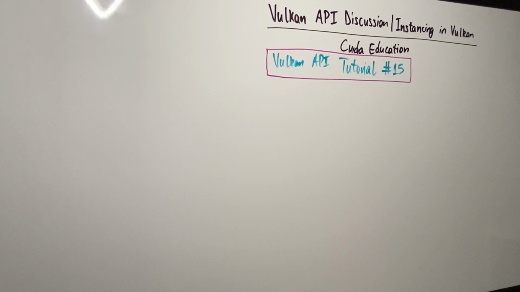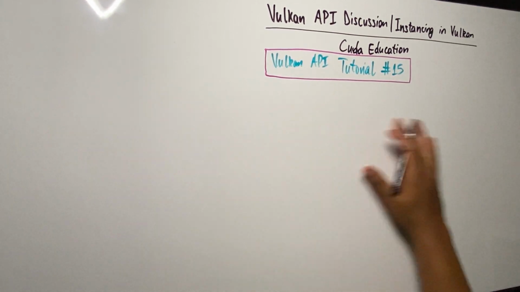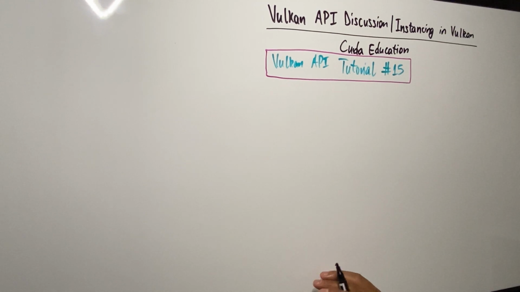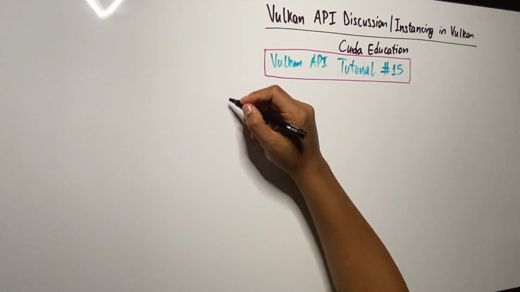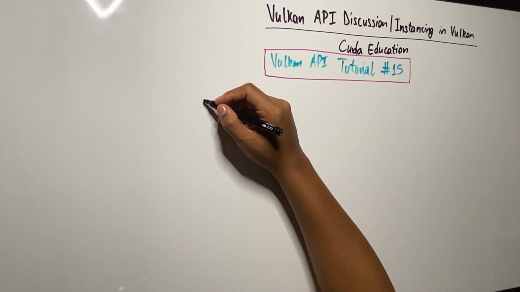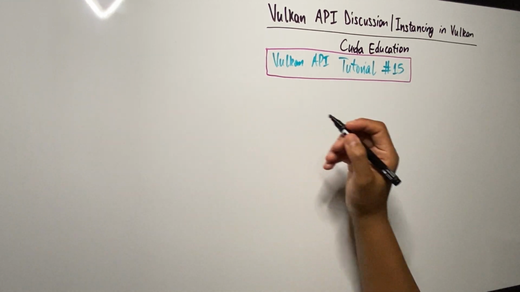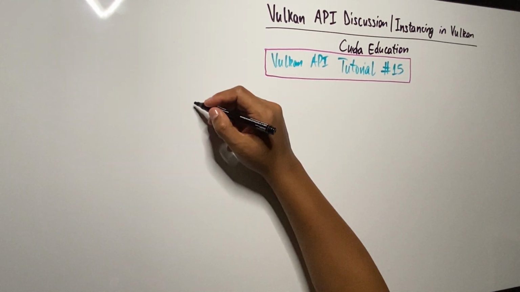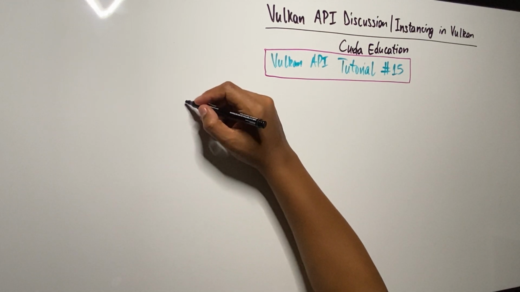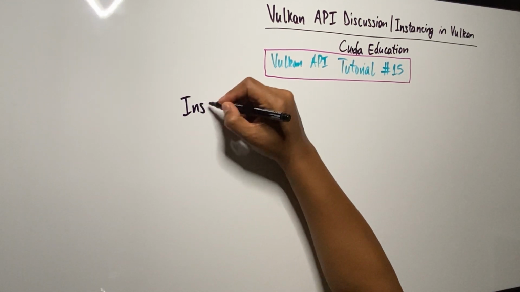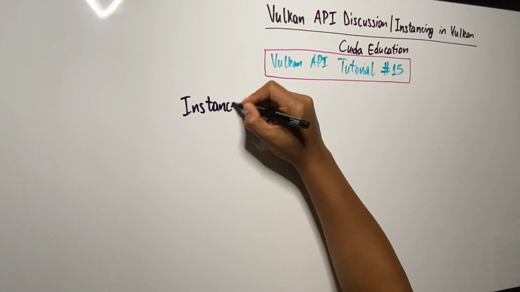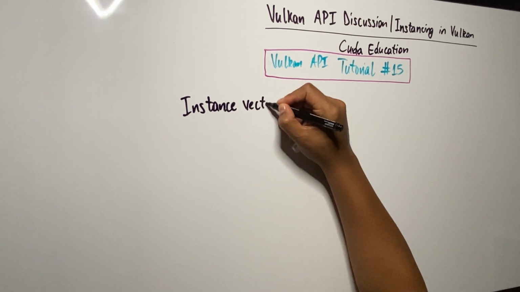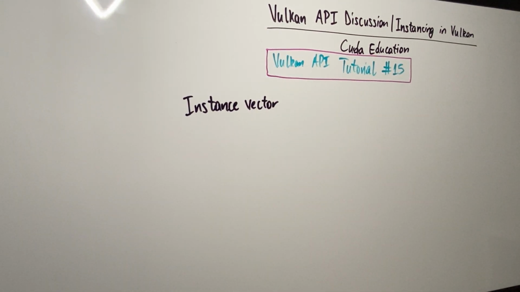So, one of the first things that you do, this is in no particular order, is you have an instance vector. All an instance vector is, it's a vector with a collection of instances as elements, right?